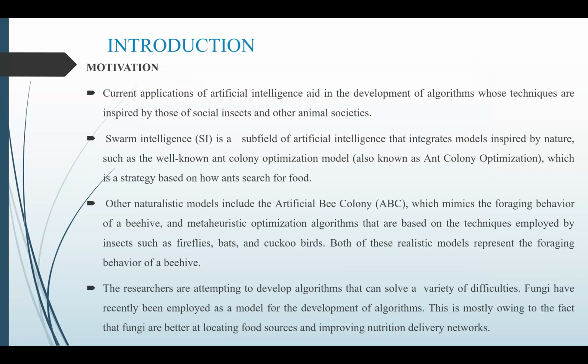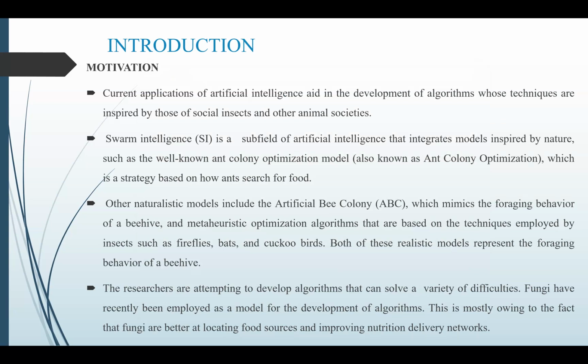The motivation: current applications of artificial intelligence aid the development of algorithms whose techniques are inspired by social instinct and other animal societies. Swarm intelligence is a subfield of artificial intelligence that integrates models inspired by nature, such as the well-known ant colony optimization model, which is a strategy based on how ants search for food.